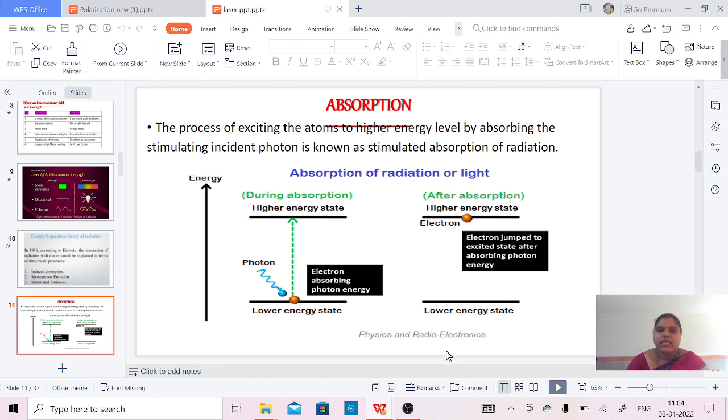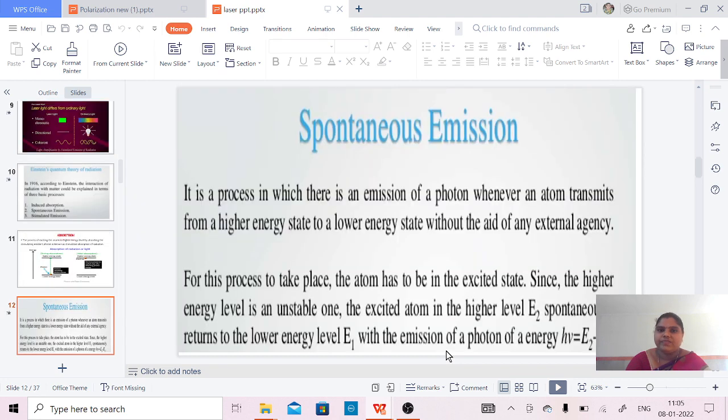The electron absorbs photon energy, and after gaining some energy from the photon, it goes to the higher energy state. So the electron jumps to the excited state after absorbing the photon energy. Simply, this is the difference between before and after absorption. So this is absorption of radiation or light.